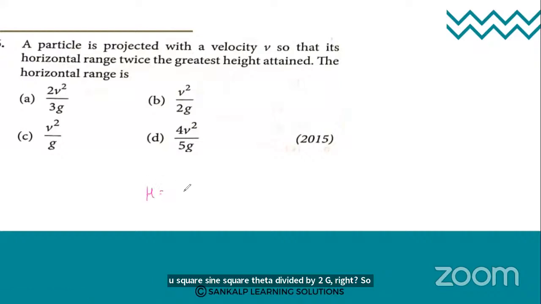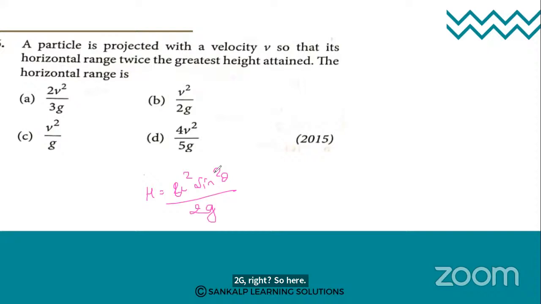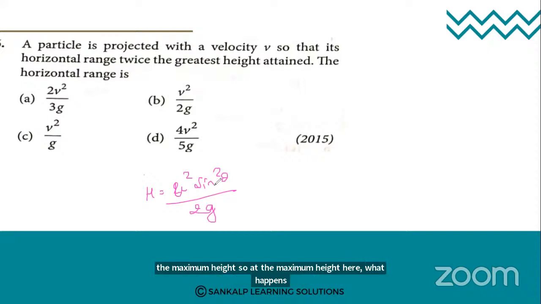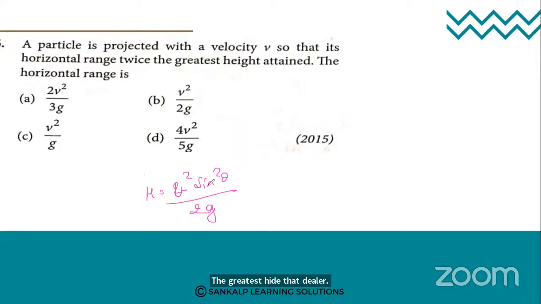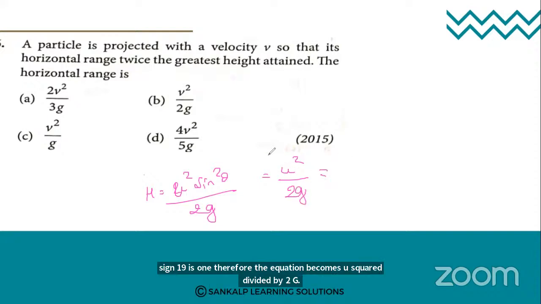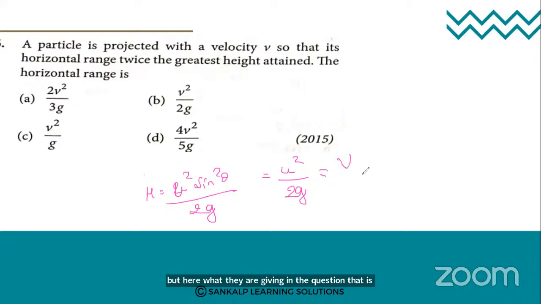At the maximum height, the angle will be 90 degree, so sine 90 is 1. Therefore, the equation becomes u square divided by 2g. But in the question the initial velocity is taken as v, so this is v square upon 2g.